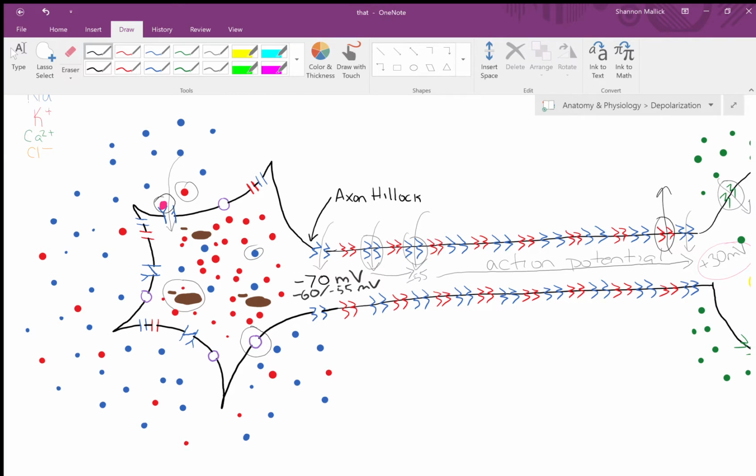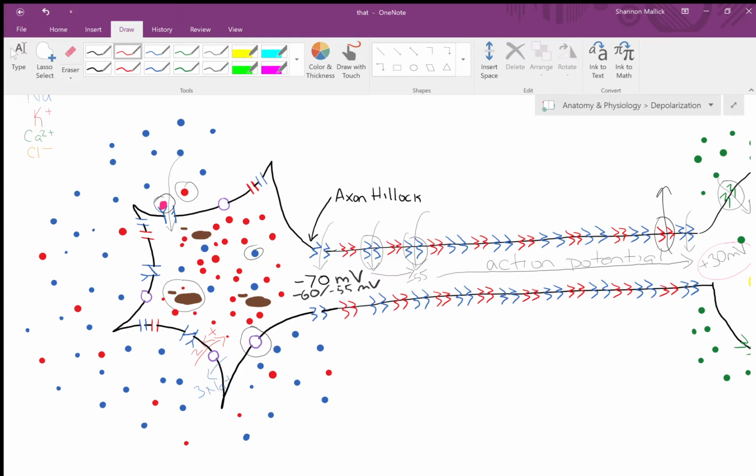And they're using 1 ATP to bring out 3 sodium and bring in 2 potassium. 2 potassium and 3 sodium for 1 ATP.